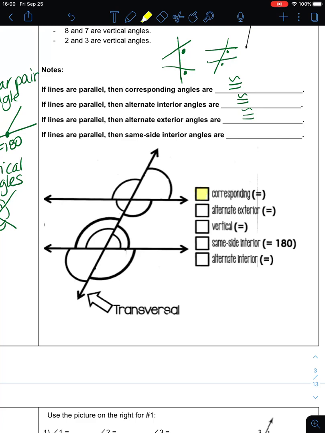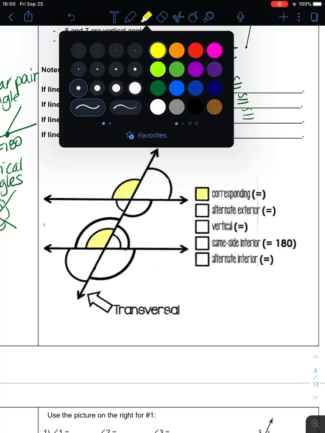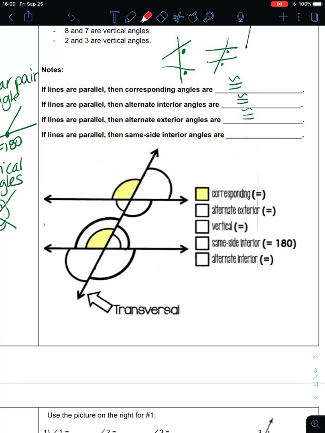Now let's go over here and let's mark these real quick. We've got corresponding angles. So corresponding angles would be here. This is just one example of corresponding angles. There are multiple sets of corresponding angles in each pair of lines. We have alternate exterior angles right here.